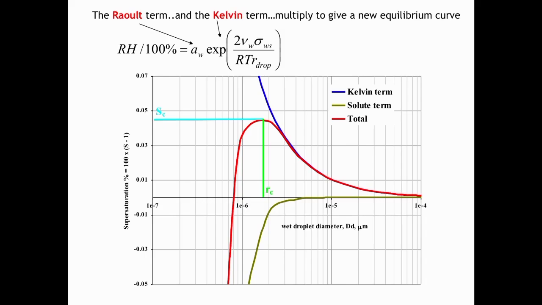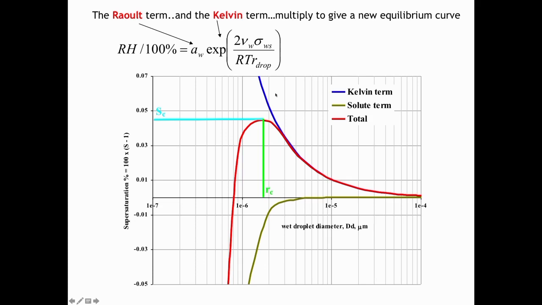So here is a schematic diagram of the Kohler curve, where this is the Kelvin term, which decreases as the drop radius increases. Here's the solute term, so this is represented by the activity. The activity of water increases as the supersaturation increases.